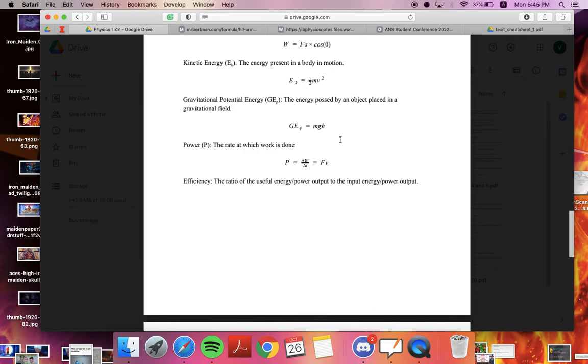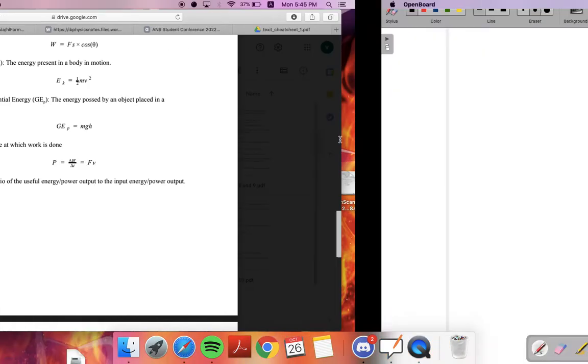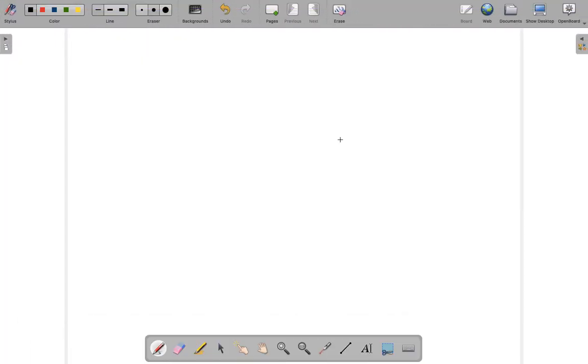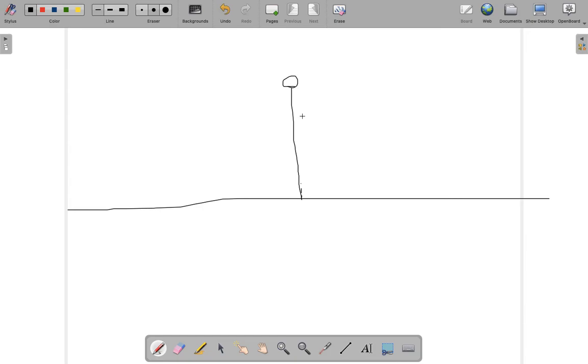Now, next we have gravitational potential energy. Gravitational potential energy is the energy possessed by an object placed in a gravitational field. To put it in a simple way, it's basically the potential work that gravity can act on an object. Let's say we're holding a ball up at a height of h, and we know that there's a weight force acting downwards.